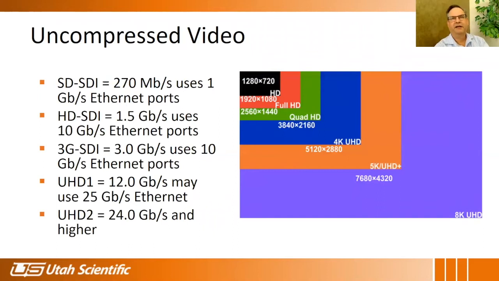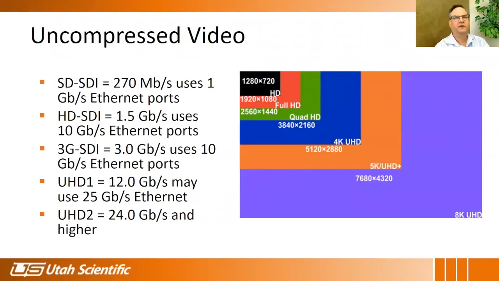SD, which is how we started, is 270 megabits, and that would easily fit in a 1 gigabit switch. That works fine because we have plenty of room. But when we jump up to HD-SDI, we go above that 1 gigabit port, so we go up to the next size of pipe, which is 10 gigabits.